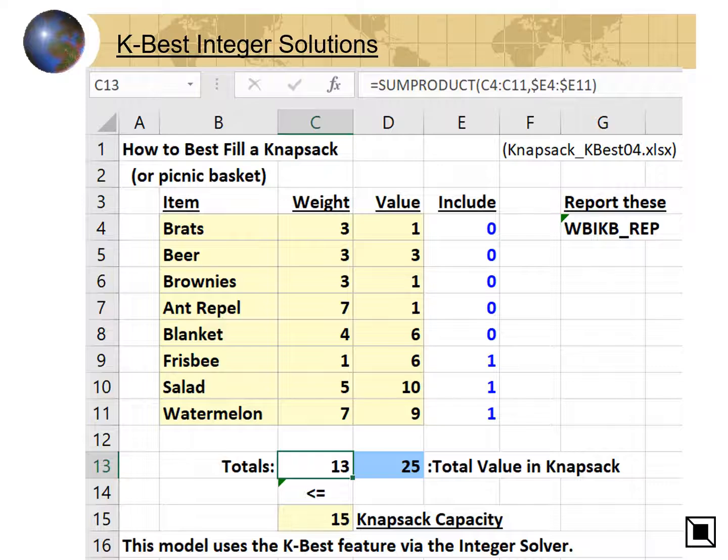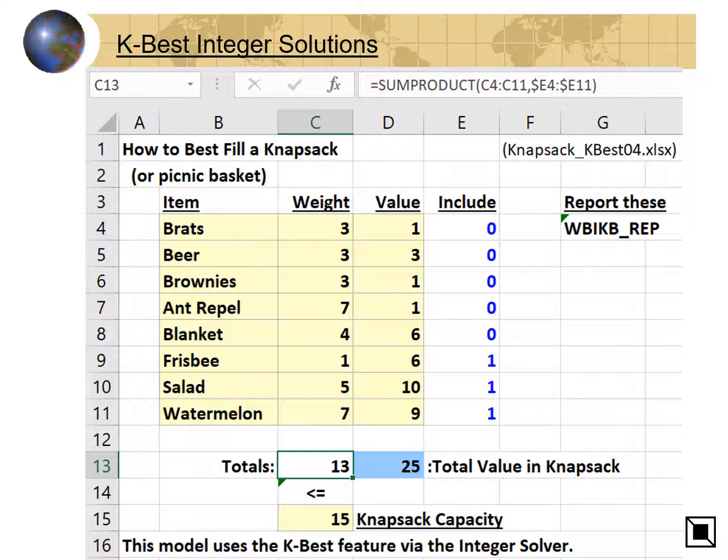And if you solve this problem and just ask for the optimal solution, here is the solution that we got back. It says, okay, put in a frisbee, salad, and a watermelon, and you'll get a value of 25. So there is no way of getting more than a value of 25 from a knapsack that has a capacity of 15 pounds.